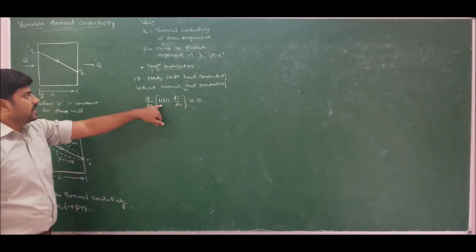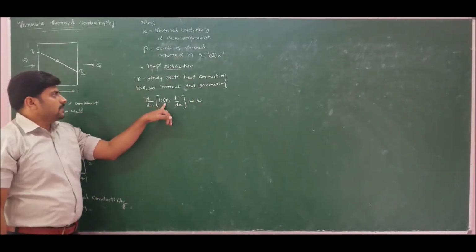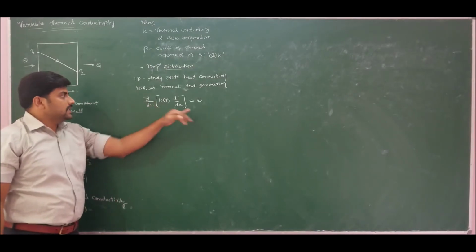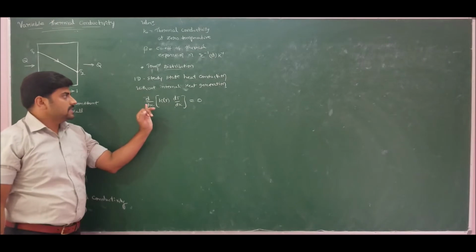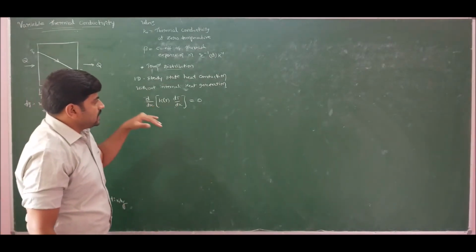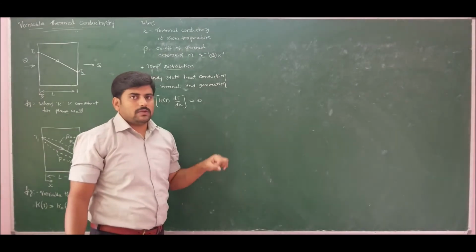If thermal conductivity is not a function of temperature, then it is taken as constant, taken outside and sent to the RHS, and we will have the same expression, d square T by dx square equal to 0, which we have used to derive temperature distribution and rate of heat transfer through a plane wall.